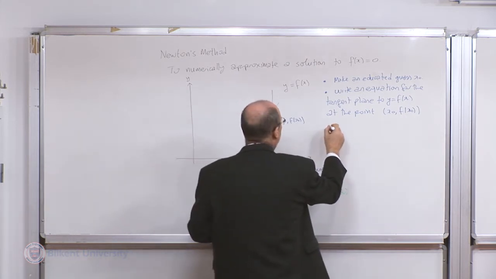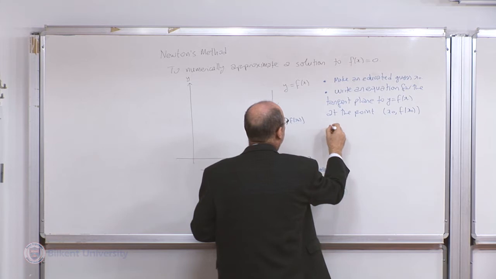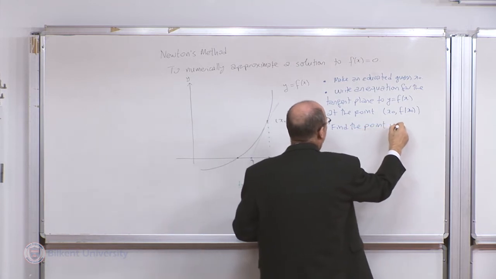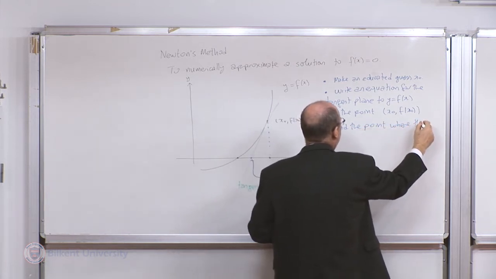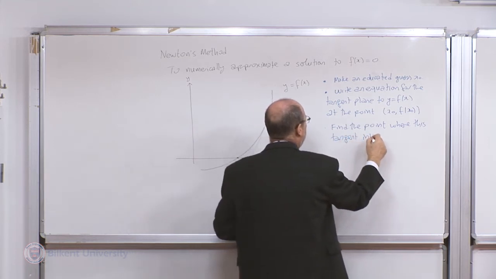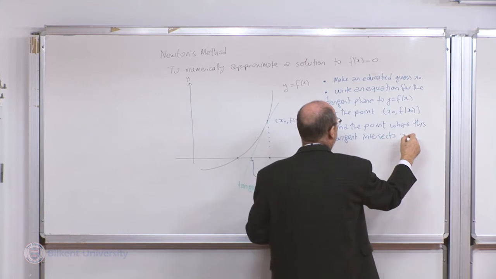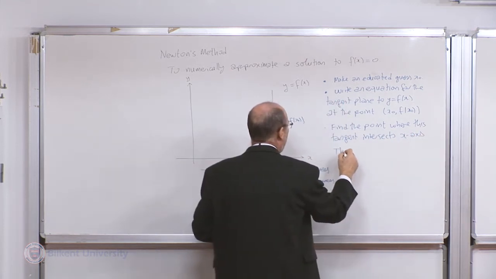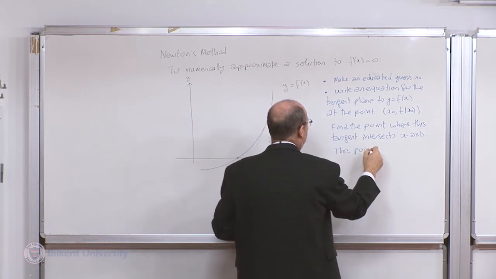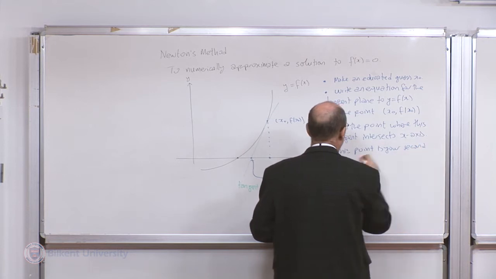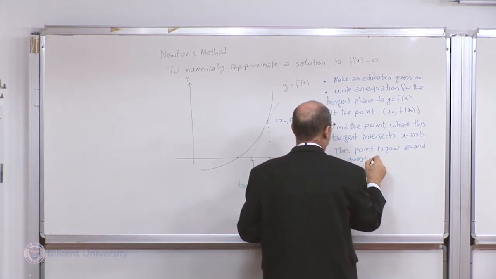You write the equation of this and find the point where this tangent intersects the x-axis. This point is your second guess, and repeat.